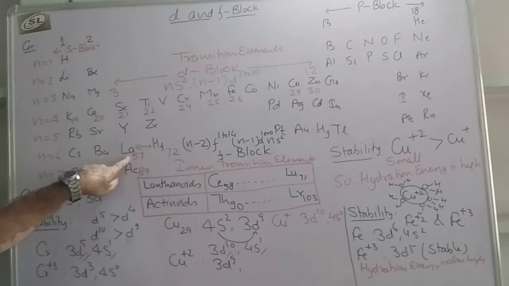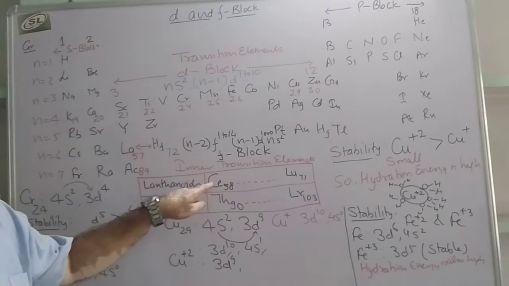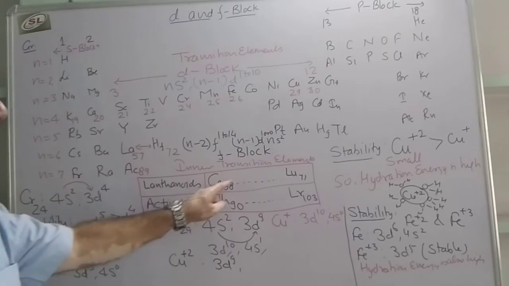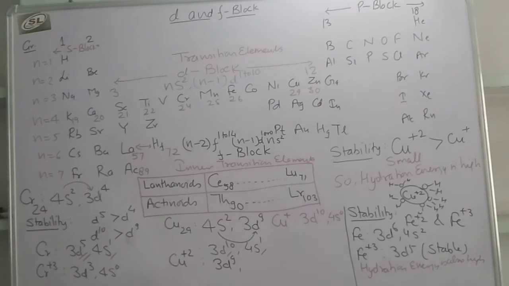La is lanthanum. Those elements that come after lanthanum are known as lanthanoids, starting from cerium to lutetium, atomic number 58 to 71.